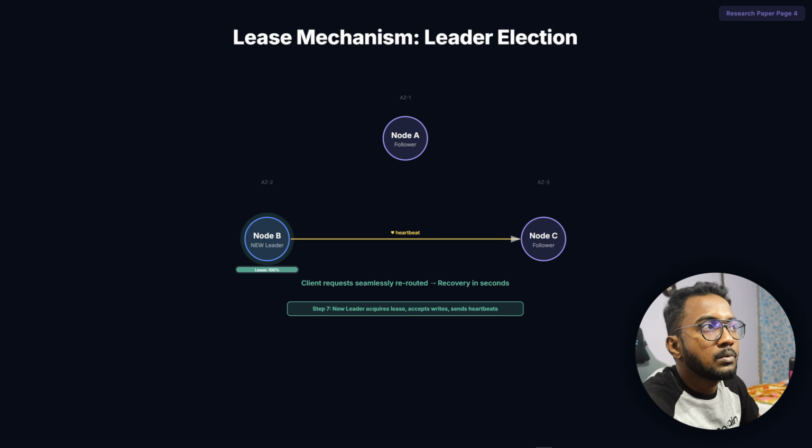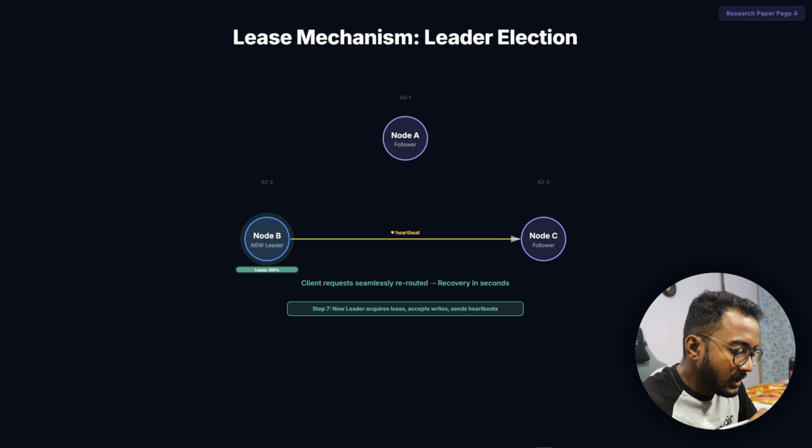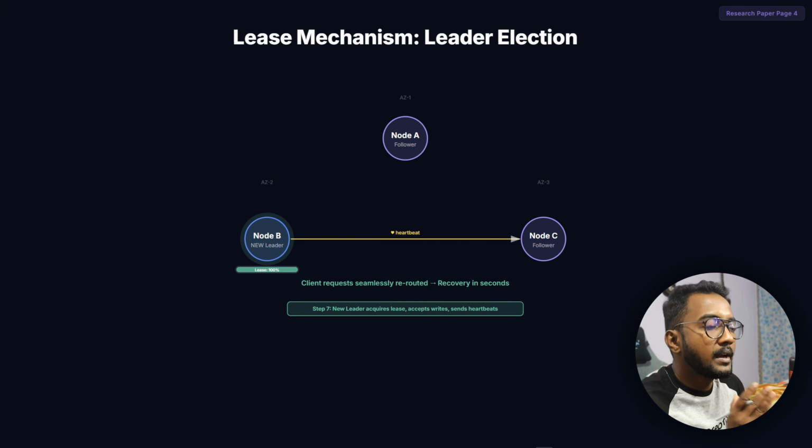The request router, basically the service which sends the request, can then learn the new location from the metadata service and send the client traffic to this particular server. Recovery in that case will be in the order of a couple of seconds, which is really good as compared to failures taking minutes. Once the recovery is done, the partition is back to the same contract: there will be one leader, there will be 2 followers, there will be quorum writes, and again strong reads will be served by the leader.